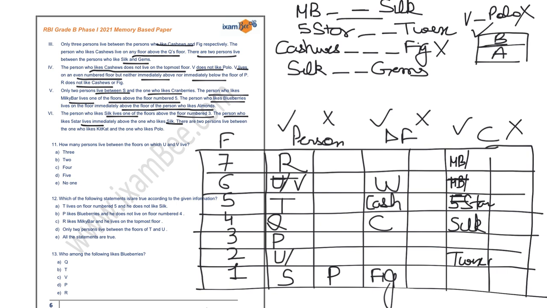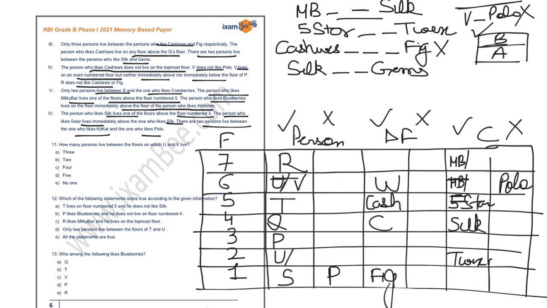Now it is given that there are 2 floors between the one who likes Kit Kat and the one who likes Polo. You know that V does not like Polo, so I can't place Polo over here. So the only possibility for Polo is either the first or third floor, and there are 2 floors between the one who likes Kit Kat and Polo.